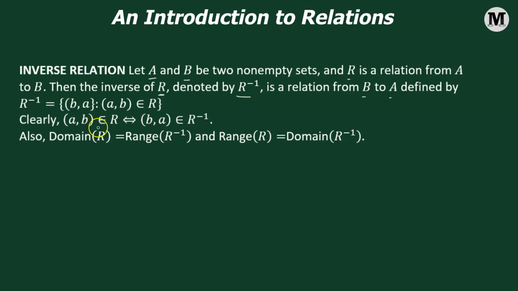That means A becomes B and B becomes A. That is going to be an ordered pair which belongs to the inverse of the relation R.